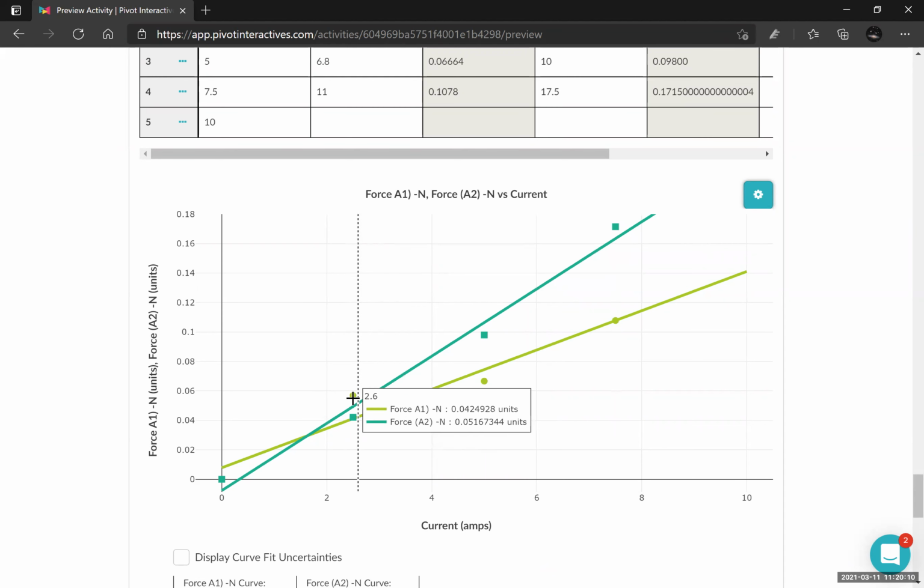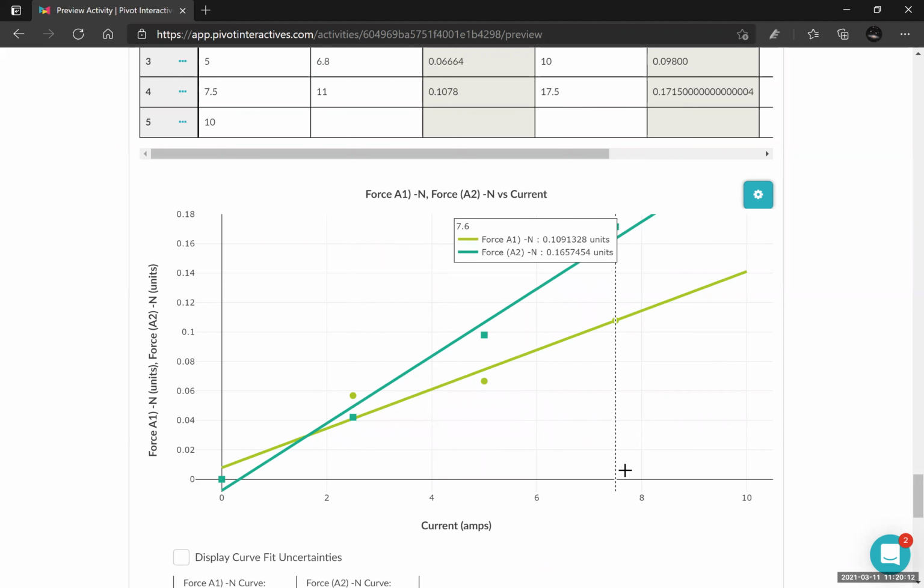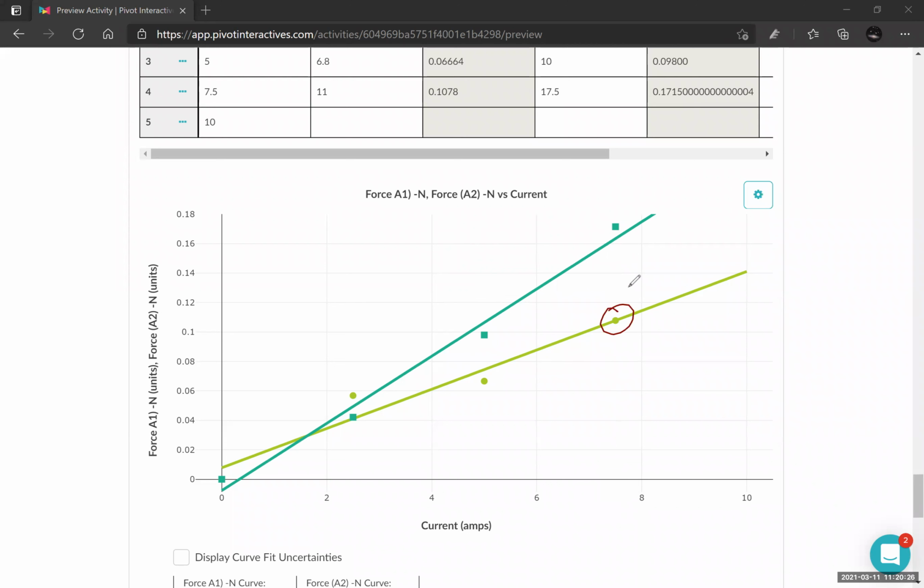It's probably wrong, it's 5.8. So this was my 7.5 amp current. This is the force at 7.5 amps with one conductor, and this is with 2 conductors, where the length is increased.